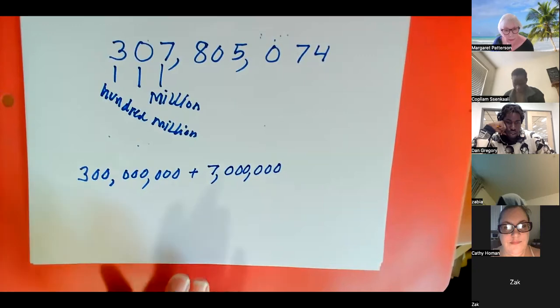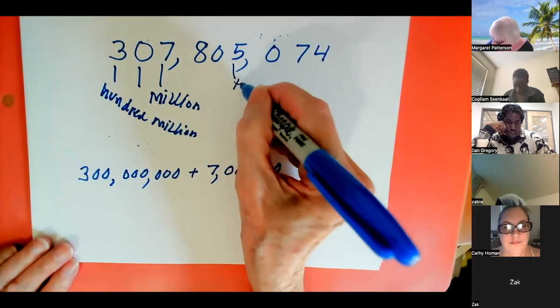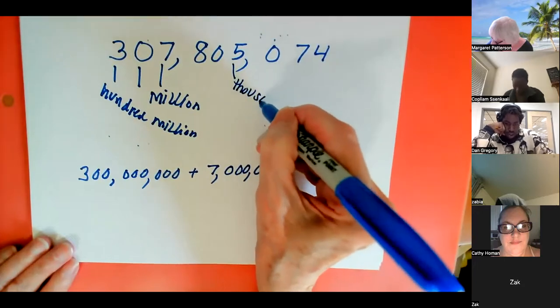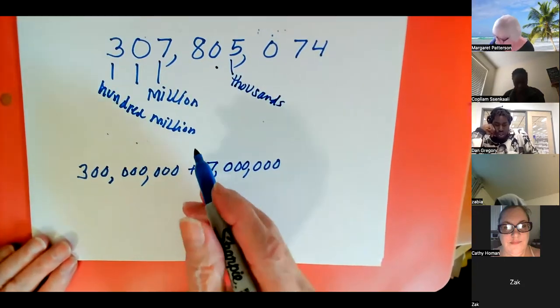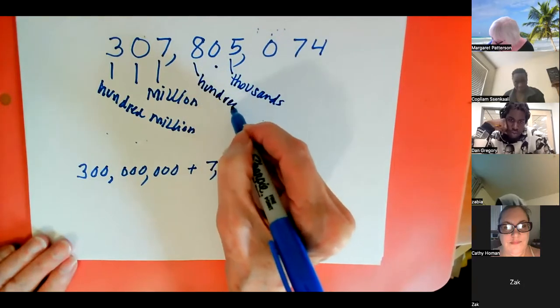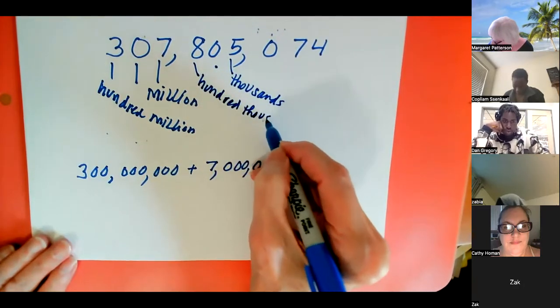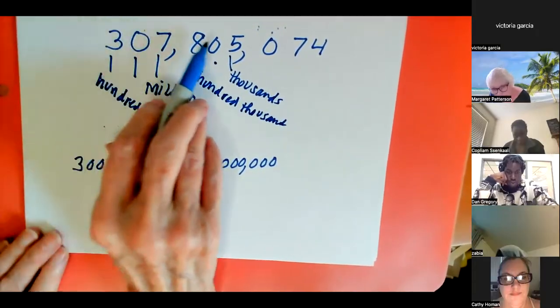Okay. Then we go to this. This one here is thousands. This would be 10,000, but we don't have any. This would be 100,000. I'm going to just keep going this direction.